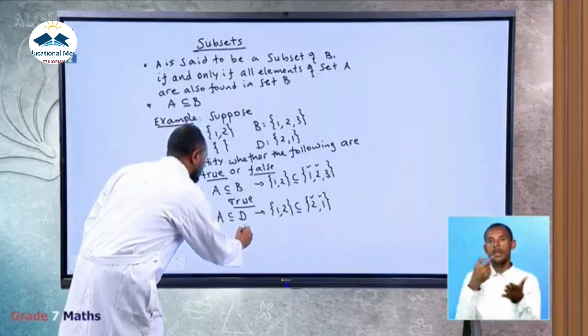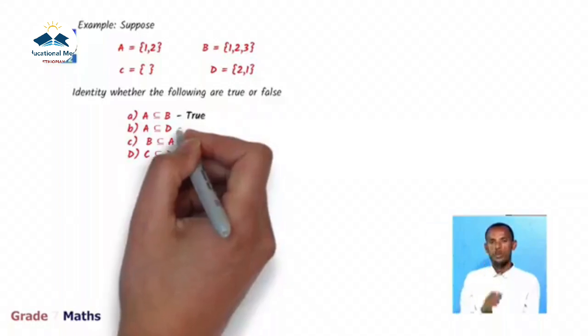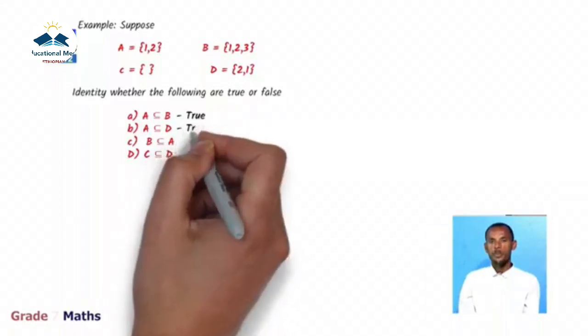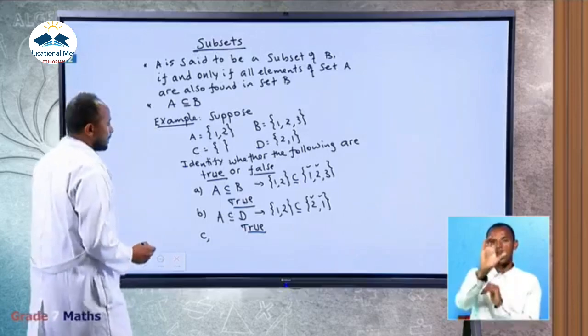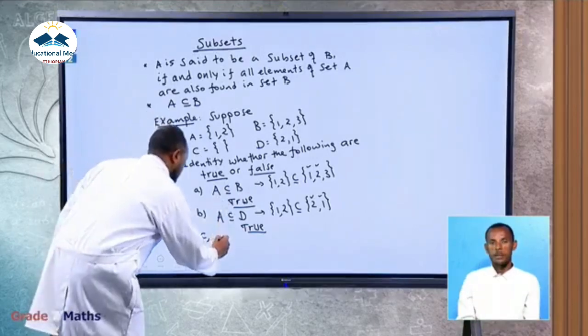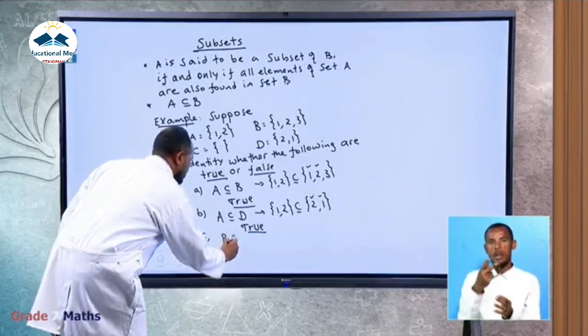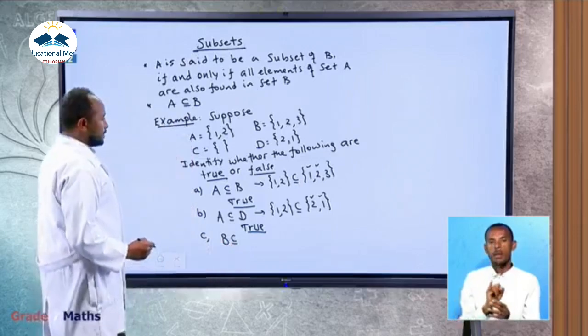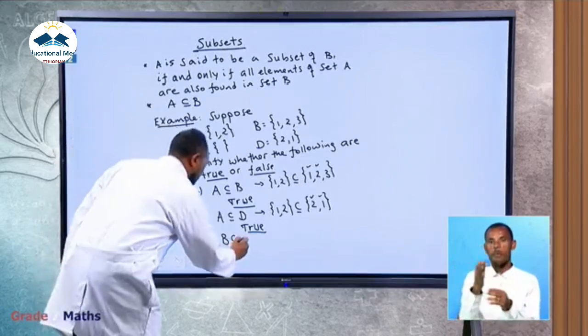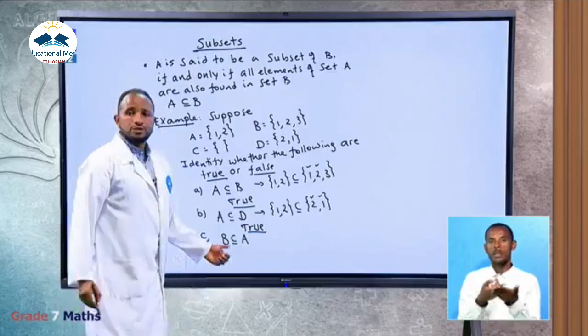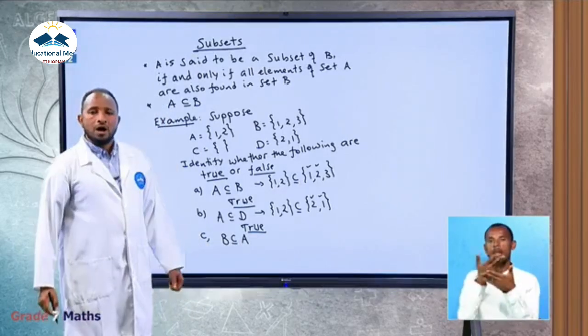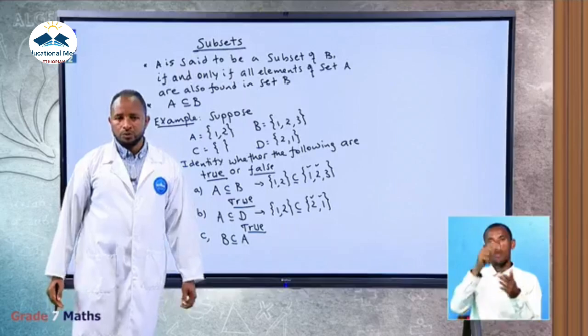So this one is true. Now let's see another example C. B is a subset of A. Is this a true statement? I'll give you 10 seconds for this question.